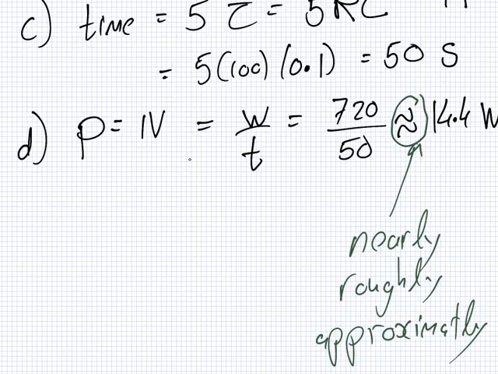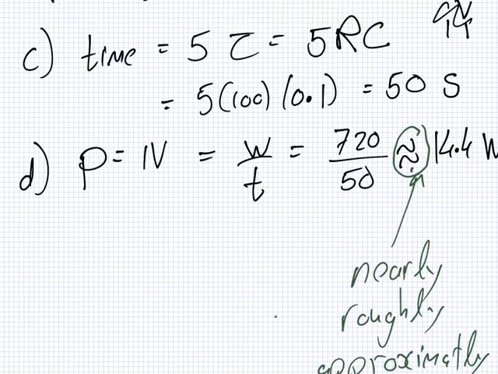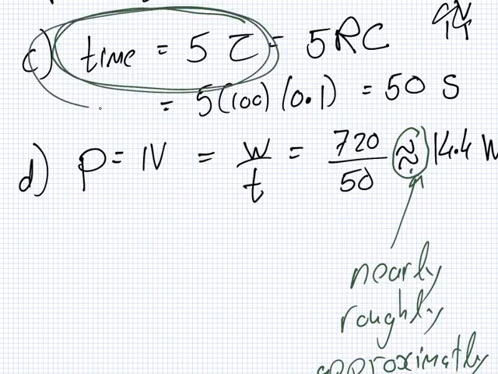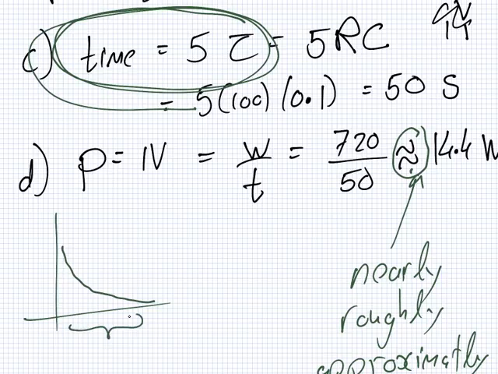So, does anybody know why I wrote this here? It's because of this part. Remember I said it's not really 5, because on the graph it never actually gets to 0, so we just say that this is roughly 5 time constants.